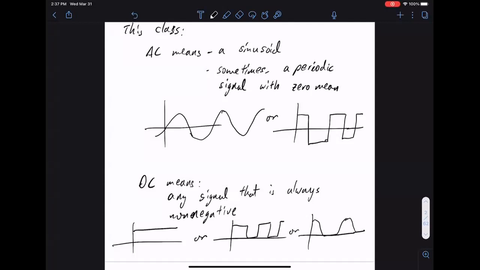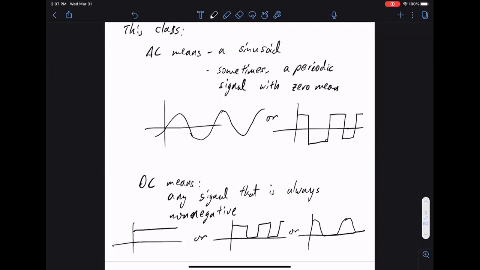For this class, we use a very loose terminology for AC and DC. You can think of AC as anything that's periodic with a zero mean, and DC just means something that doesn't have a negative part. The reason we talk about things this way is that we don't want to go very much into filtering.